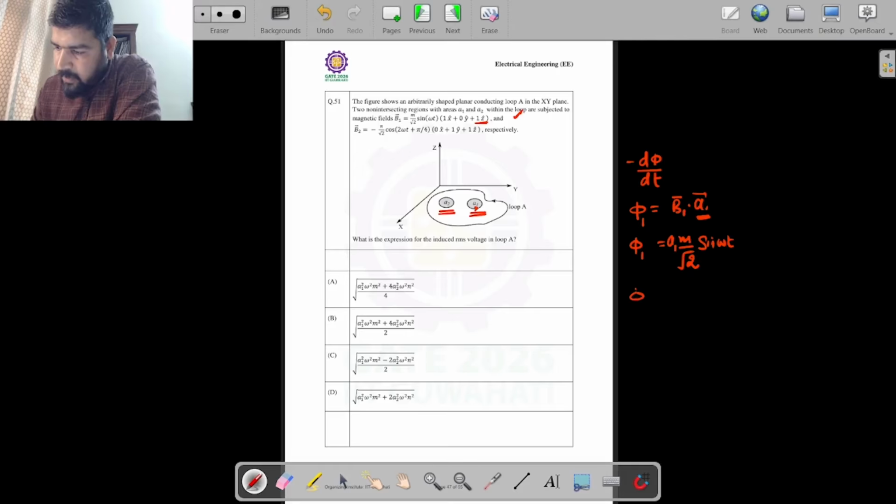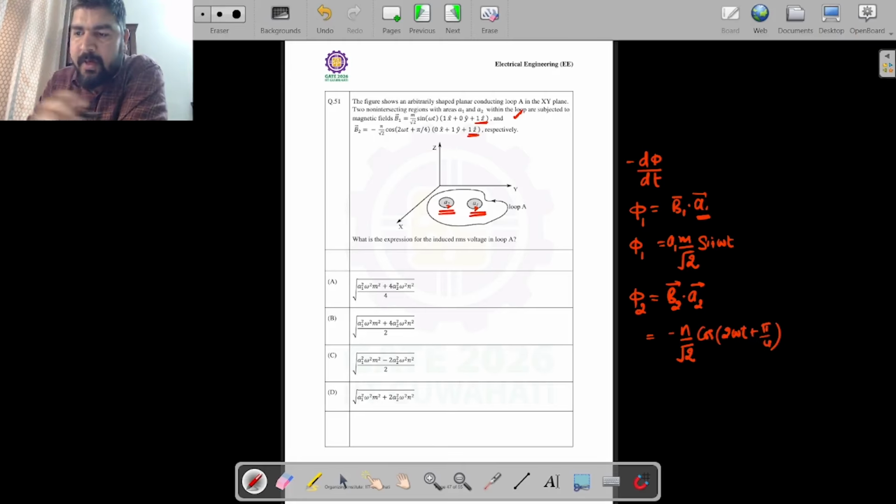Now what about phi 2? Again I am taking the area direction in the k cap, so this is A2 and this is B2, so again B2 dot A2 will be the flux through this area. Now what is this flux? Minus N by root 2 cos of 2 omega t plus pi by 4.